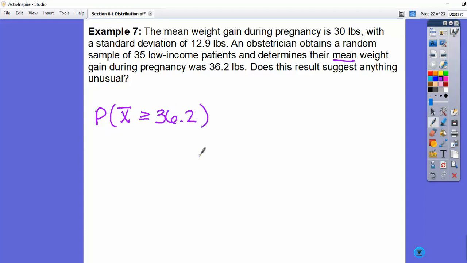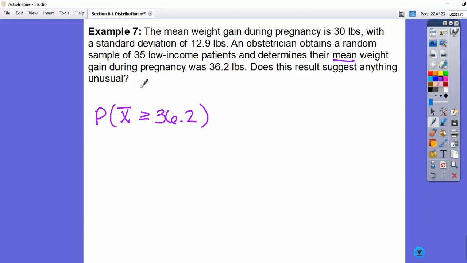The normal distribution, we can't ever find where it just equals a certain number. We can do greater than, less than, or in between things. I can't just do equals. So if it says that, do you always do greater than? Yeah, because I'm just trying to find out if this is unusual. So since this was more than the average, I would look at the greater than. Okay.